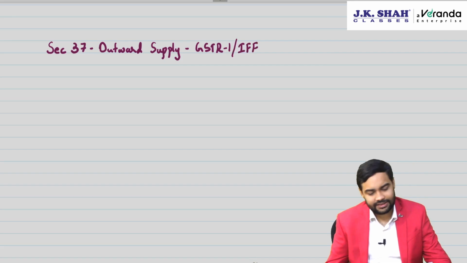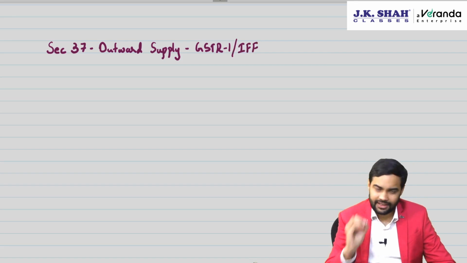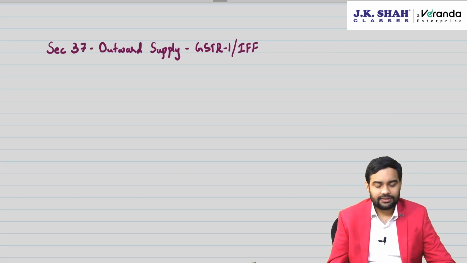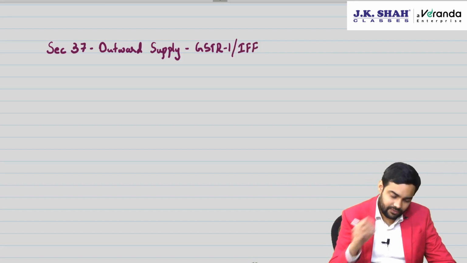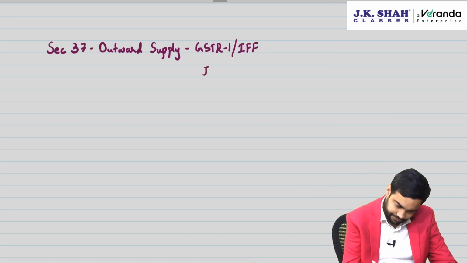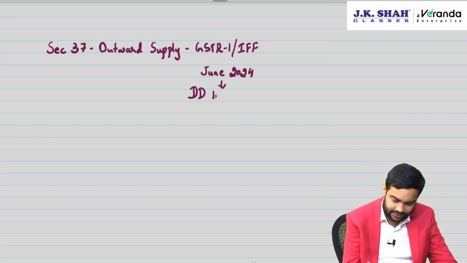One more form is included. I will talk about it in a while. Now, GSTR 1, IFF. Say suppose June 2024. The due date for GSTR 1 was 11th July 24 and I filed it.